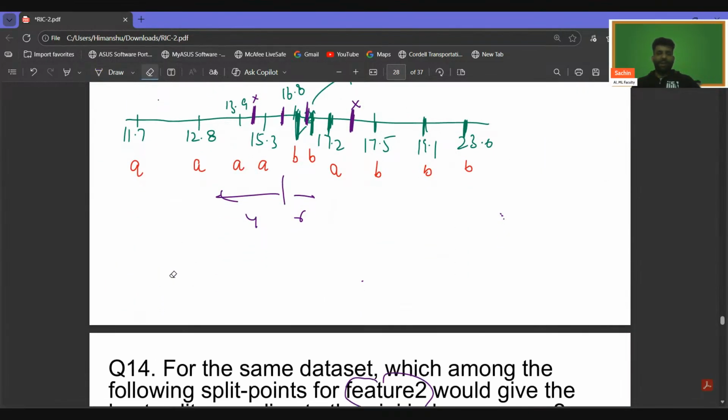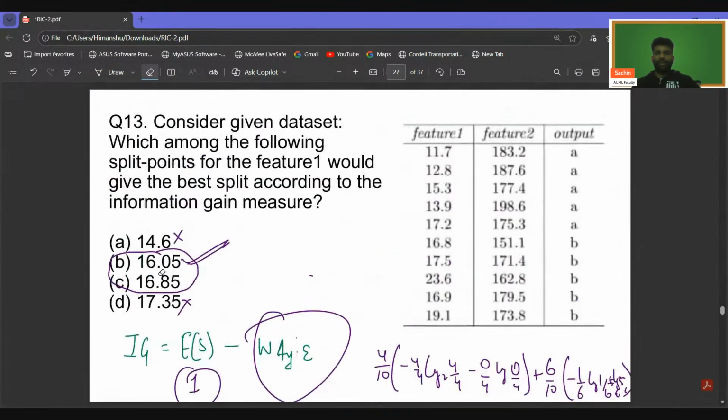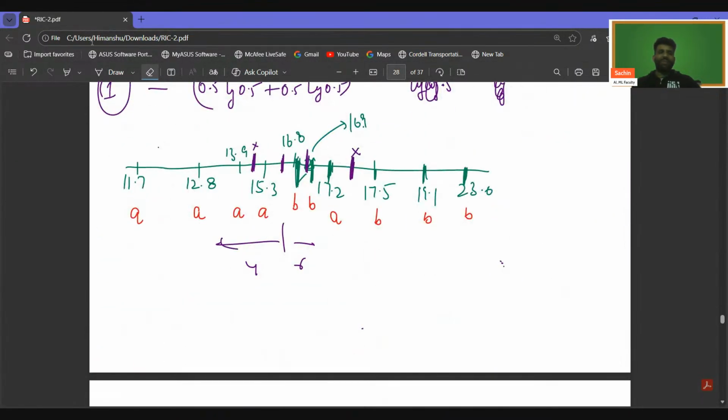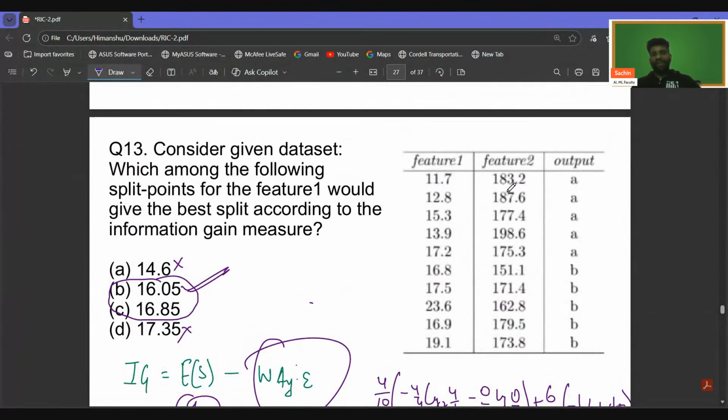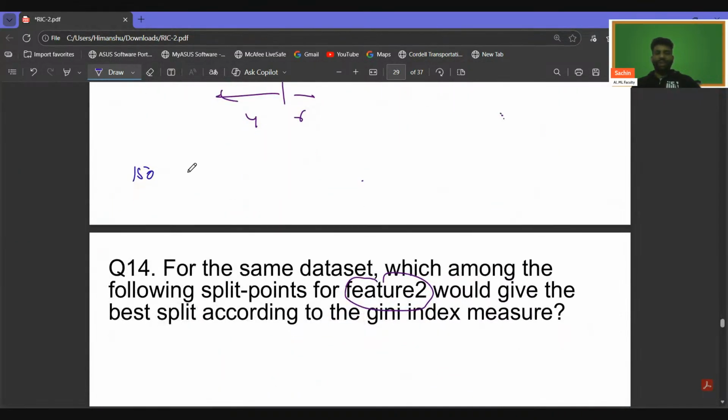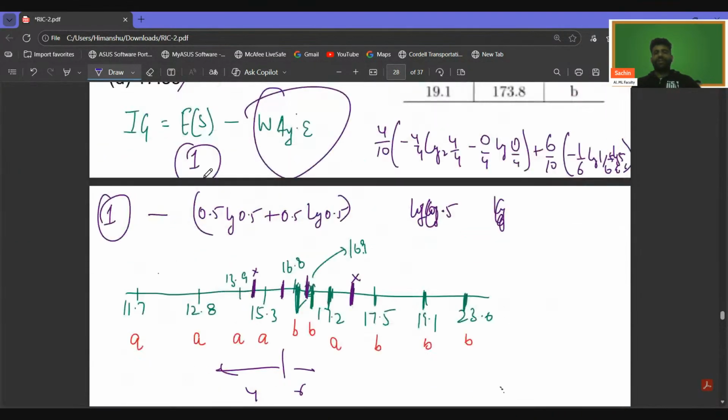Let me write a little later. What is the minimum value? 151.1. So let me write it as 150 only for ease of understanding. Then what we have next is 162. For ease of understanding, I'm not writing the decimal points.